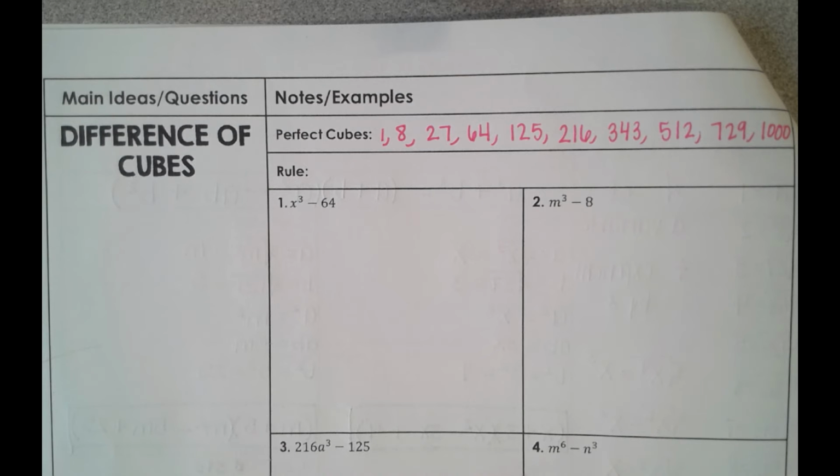You can also use your calculator. Remember, it's math, and then if you go down to number 4, it gives you the cube root. So this is almost identical to yesterday. The only difference is a couple of the pluses and minuses are switched in the formula.